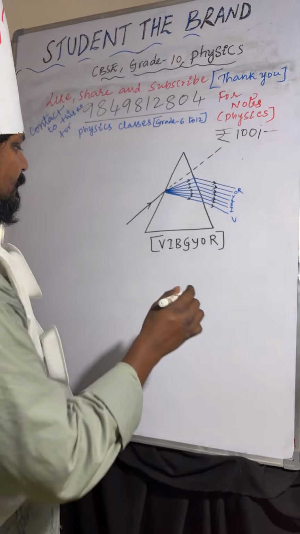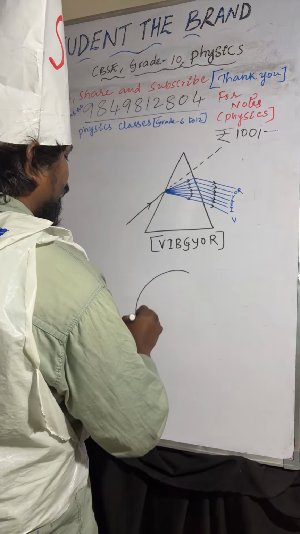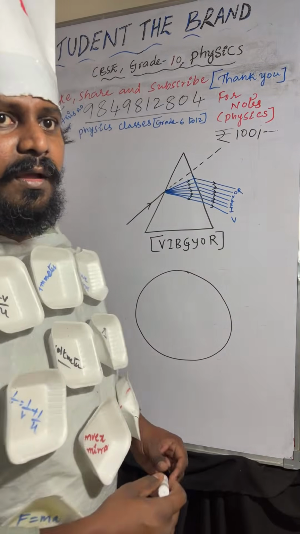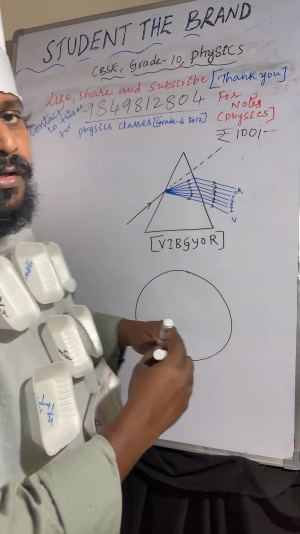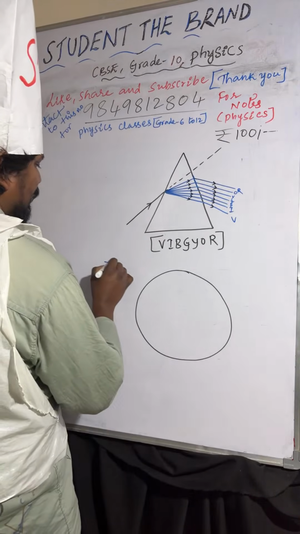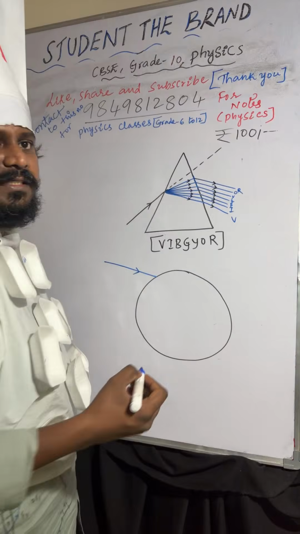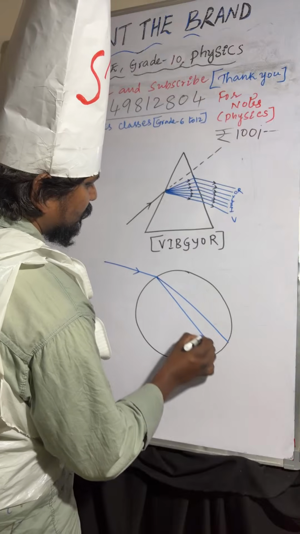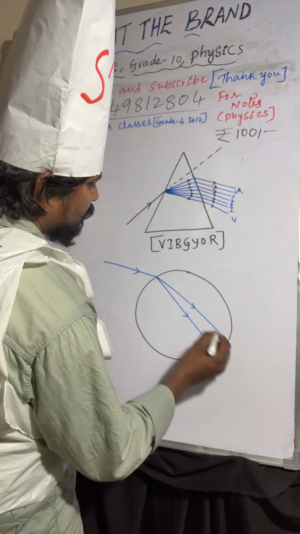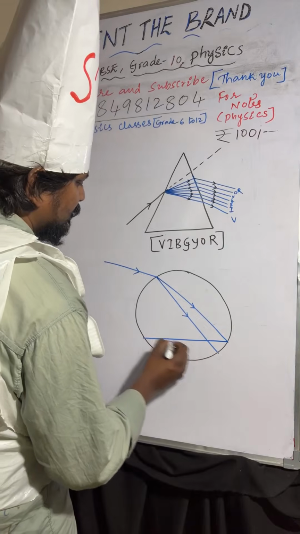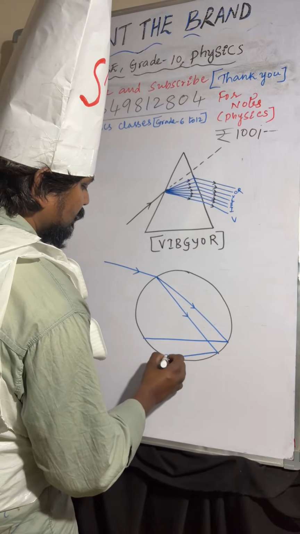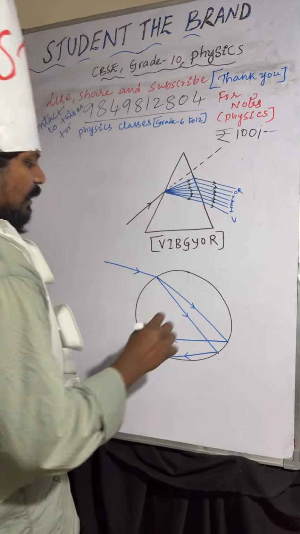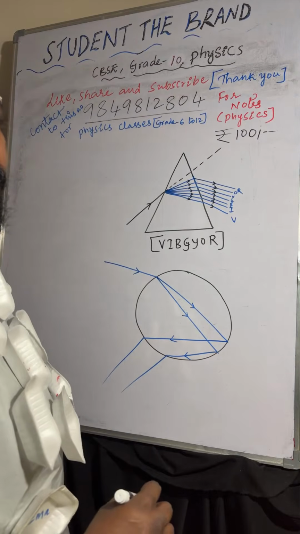When a light ray passes through a water droplet, like the one I am taking here, it splits into 7 colors, like this.